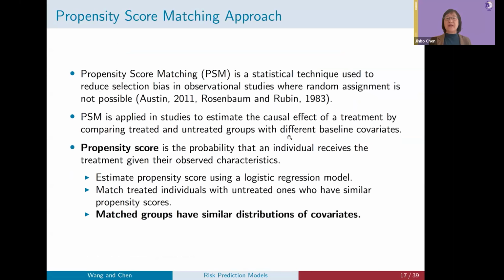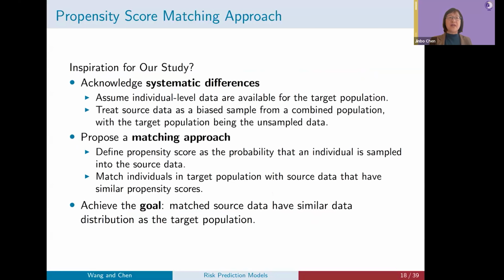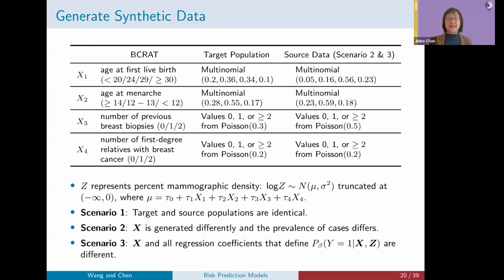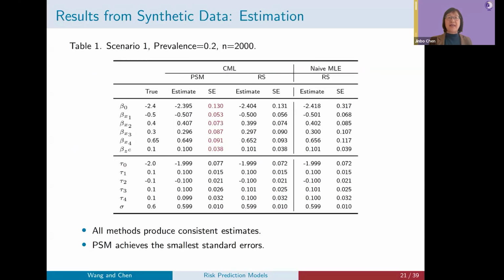Propensity score in the causal inference setting is used to match treated versus untreated patients to reduce selection bias. Our approach follows closely from theirs, but for a different purpose. Because of time, I won't go through the standard steps of this matching process, but I just want to show you a quick result.